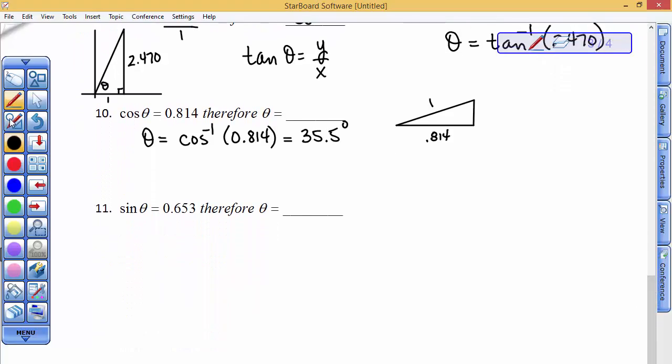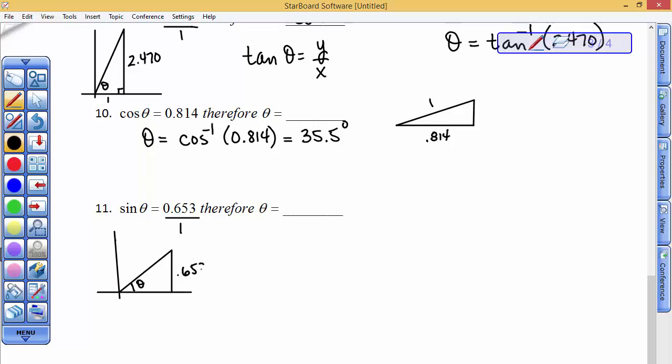So again, I'm trying to get you to estimate. So 0.653 over 1. That means the y value in this right triangle needs to be 65% of the hypotenuse. So I'm going to make this be 0.65 when that's 1. So here's theta.